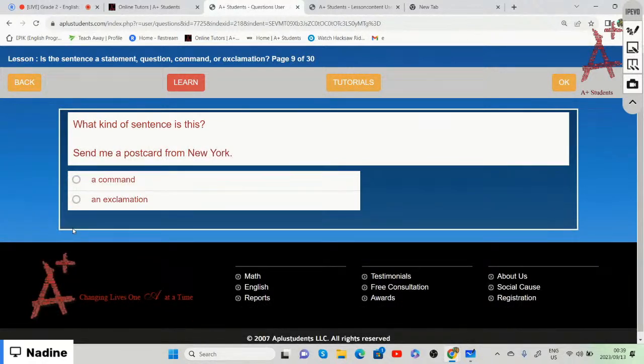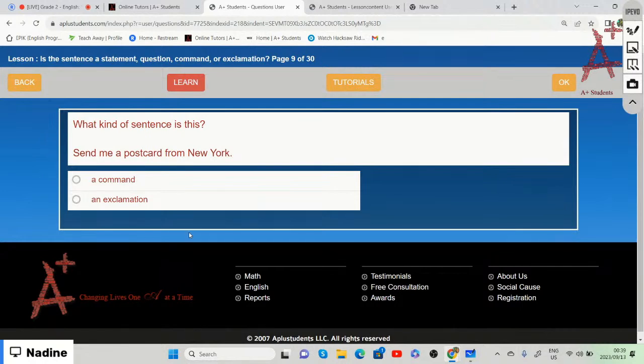All right, let's do the last one. Send me a postcard from New York. Is this a command or an exclamation? Are they telling someone to do something, which is a command? Or are they showing strong feelings, showing surprise?